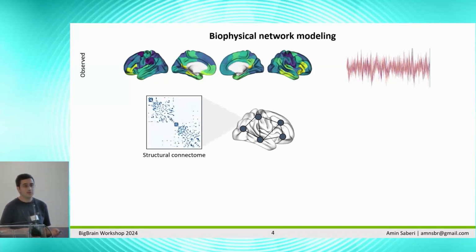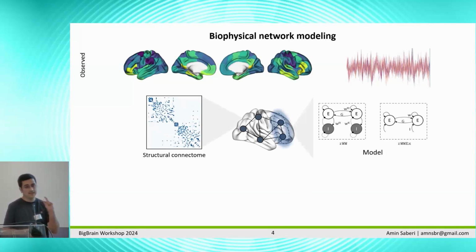This can be from the same subject that you were simulating, or it could be a template structural connectome from another source. And then we define what happens inside each node. There are a lot of established neural mass models out there that describe how the dynamics of each node should be defined. What are the mathematical equations that describe the dynamic activity of each of these nodes?